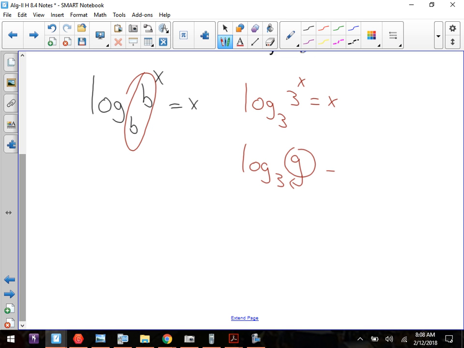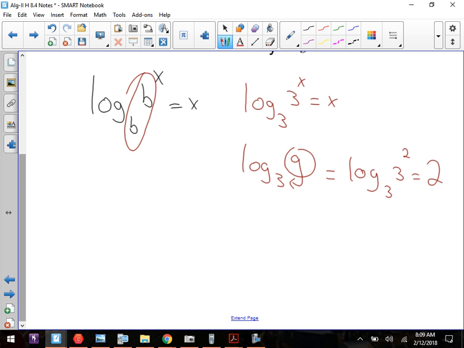So this becomes log base 3 of 3 squared, which equals 2. Logarithms allow you to do that. So you're going to see a lot of rewriting of bases to get the same base.